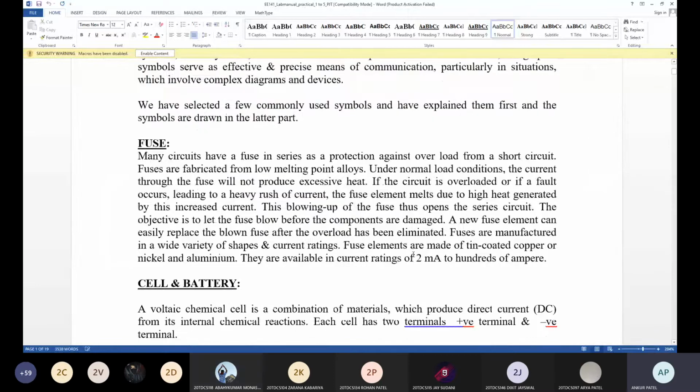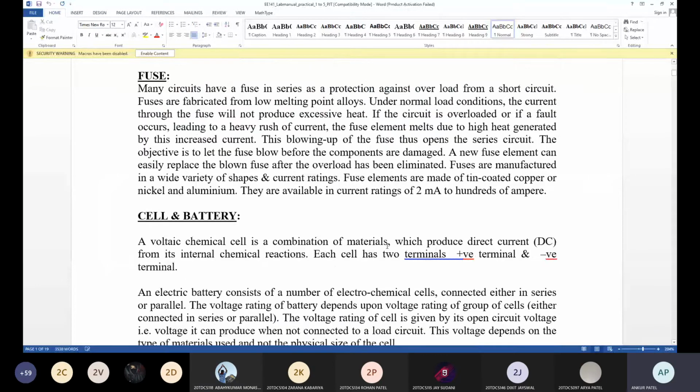Okay. So generally a fuse is used for protection purposes, it is connected in series and it gives protection against overload. Nowadays in our homes we are using MCB, but even though having the MCB, sometimes short circuit occurs. Why does it occur?